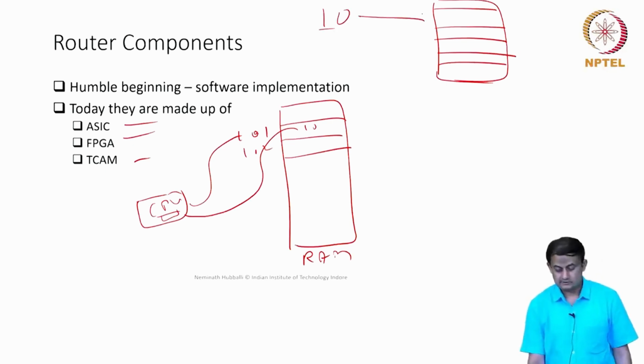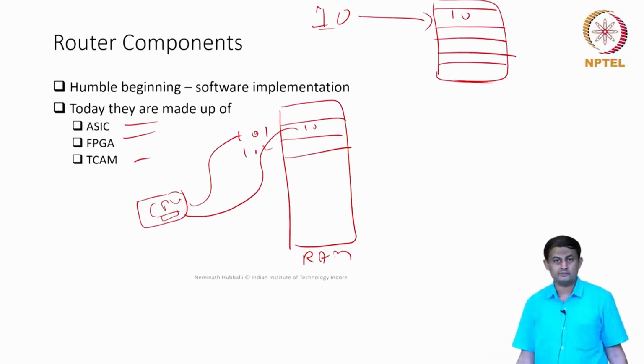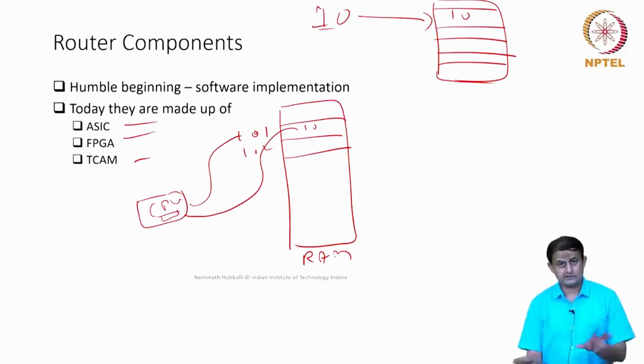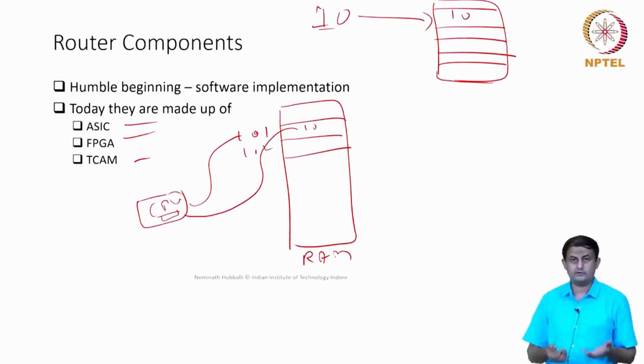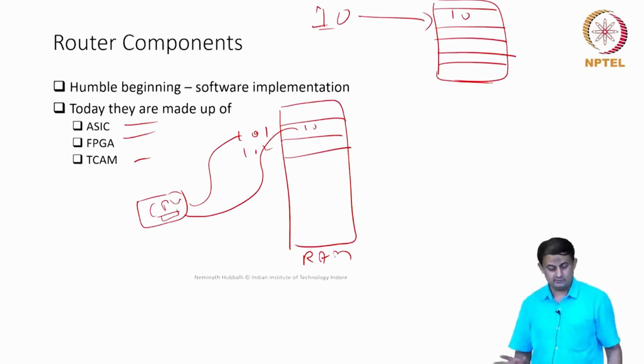Can you search whether this content is in one or more of your locations? If the content I am looking for is 10, can you find out and quickly tell me whether 10 is there inside your memory, be it anywhere. Whether it is in the first location, second location, third location, or last location, we don't care. As long as it is there, we are fine. We just want to find out whether this is there or not, and if it is there, where it is, which location it is.